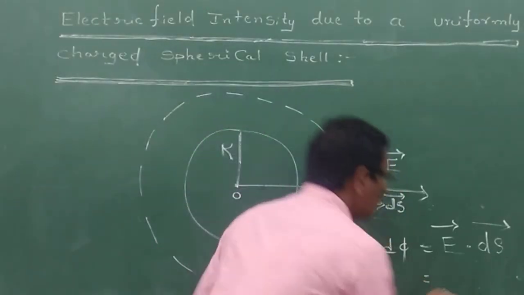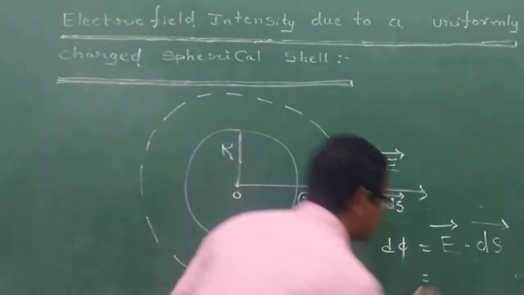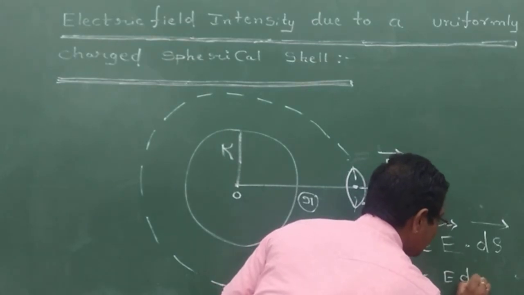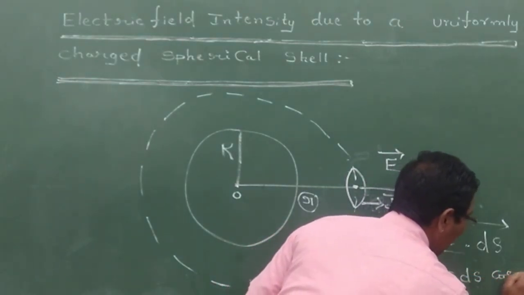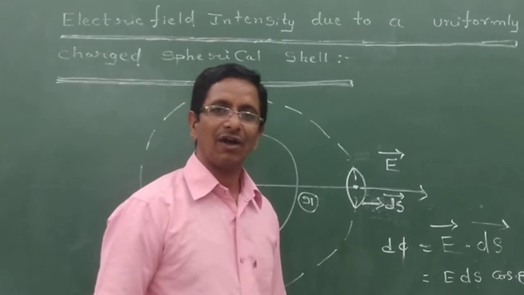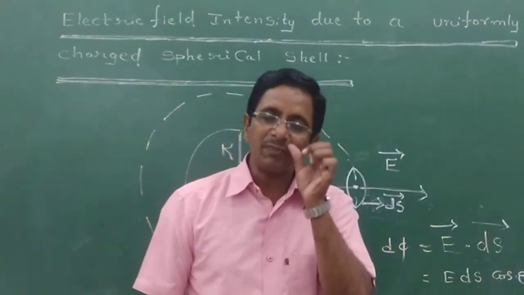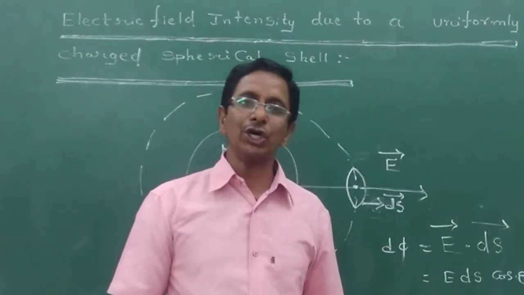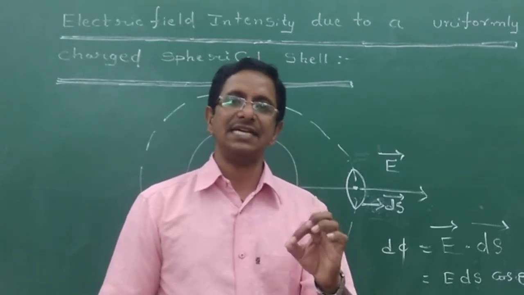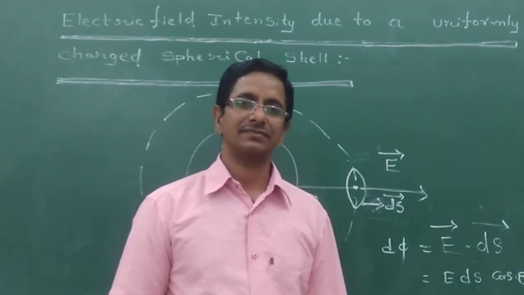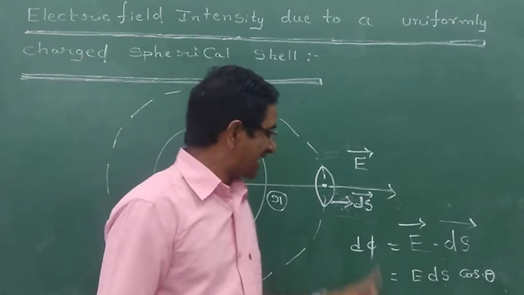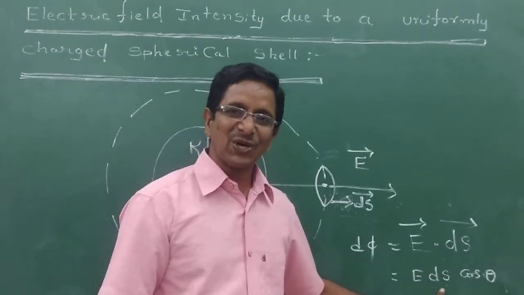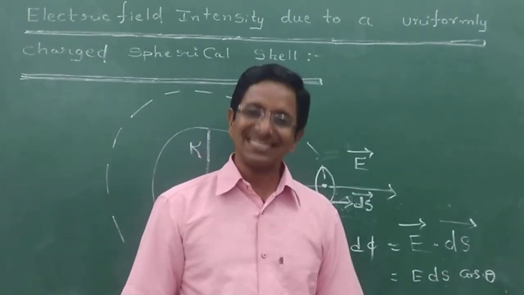What is E dot ds? E ds cos theta. Why? A dot B is equal to AB cos theta. That means E dot ds is equal to E ds cos theta.